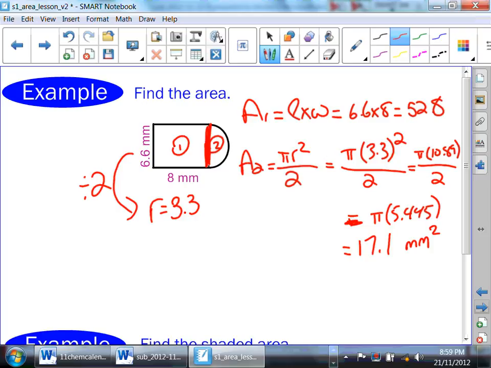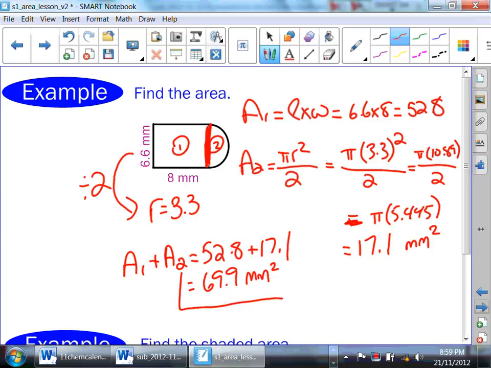Now, that's just area 2. To find the area of the whole thing, I'm going to take area 1 and add it to area 2. So that's going to give us 52.8 plus 17.1, which gives me 69.9 millimeters squared. That's my answer. And I get that by adding those areas together.